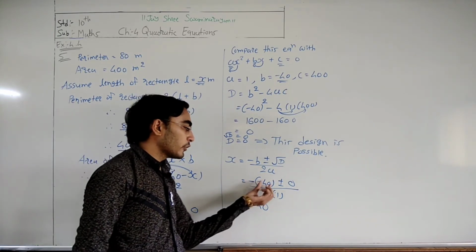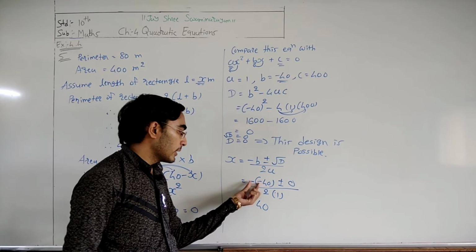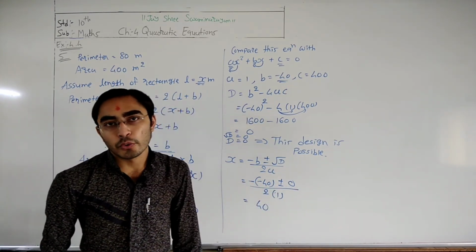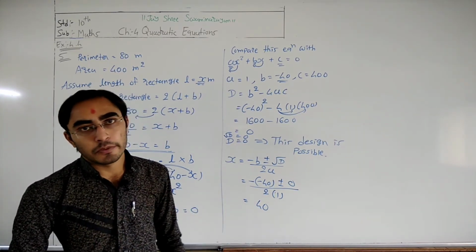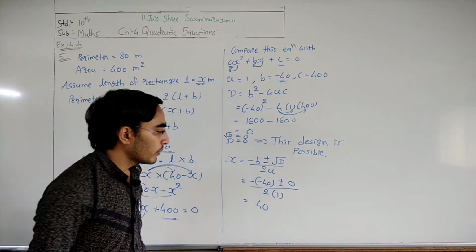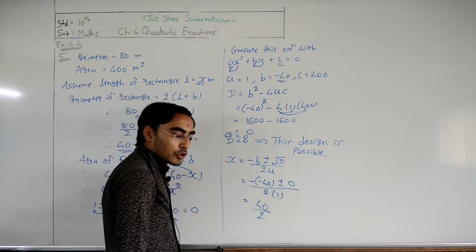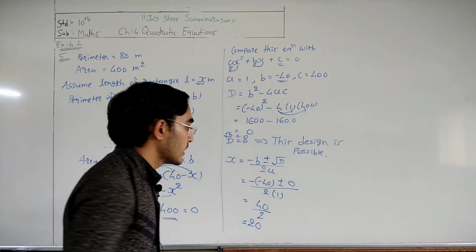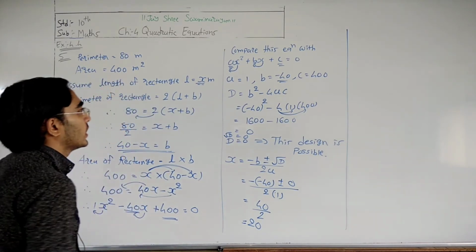Here the bracket is there, it is multiplication. In multiplication minus minus is plus, so plus 40. Now plus or minus 0: if we add 0 or subtract 0, we get the same answer 40. So 40 divided by 2 is 20. So our value of x is 20.